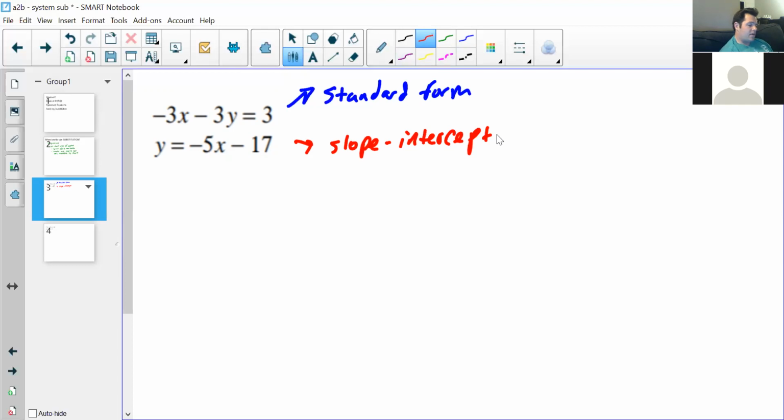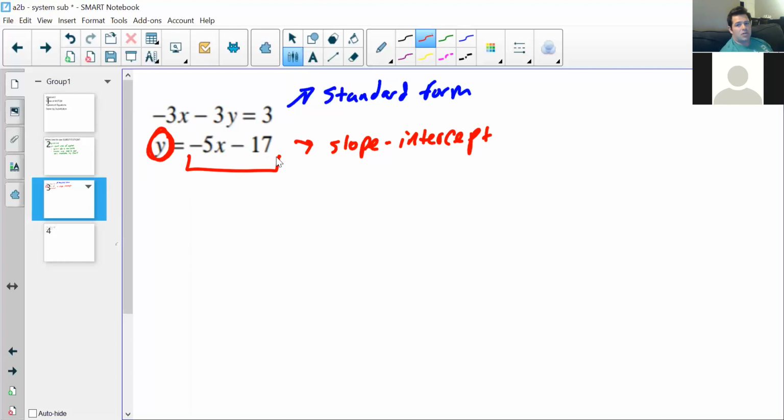So the big thing here is that what I'm really focused on is that I have in the second equation the y already by itself. Since that variable is already by itself, it would be extremely simple for us to take what that y is equal to and substitute it into the other equation in order to solve for one of the variables.